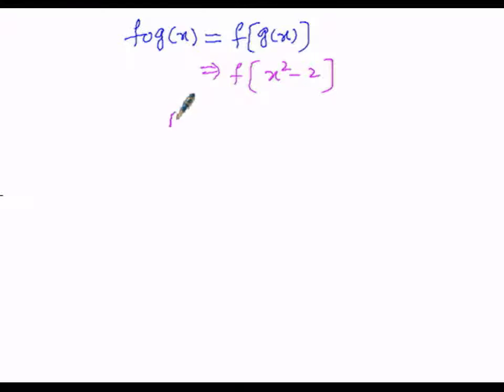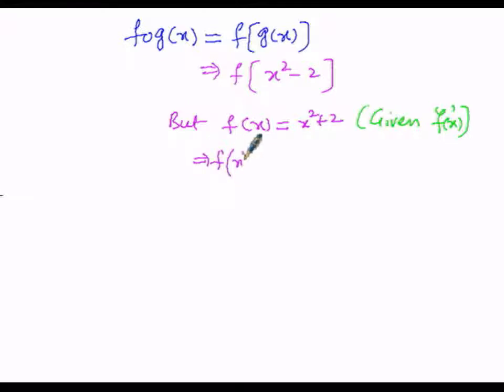Here f of x is given by x square plus 2, which is the given function. Now we have to find f of x square minus 2.